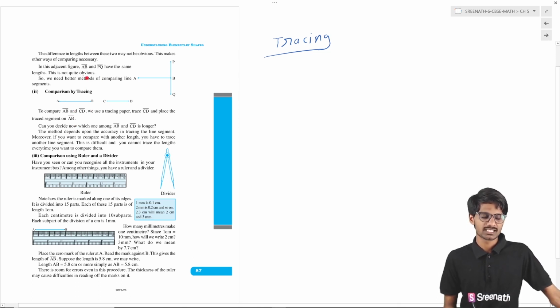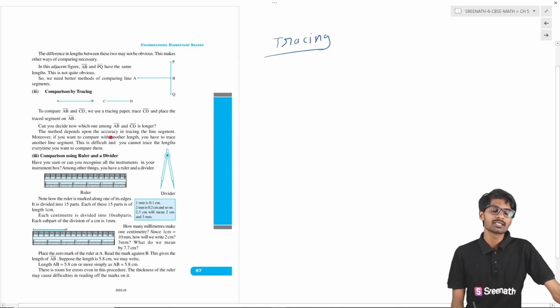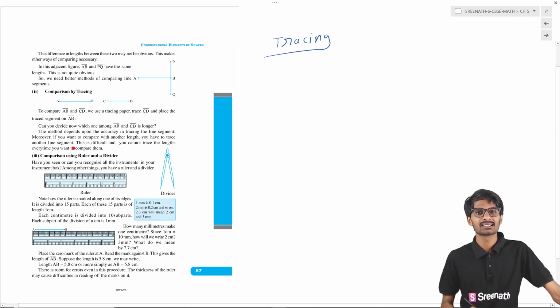There are two line segments AB and CD. To compare AB and CD, we have to use a trace paper, trace CD and place it on the line segment AB. By tracing CD on AB, we can compare which is longer. But doing this every time is somewhat difficult and we get many errors.